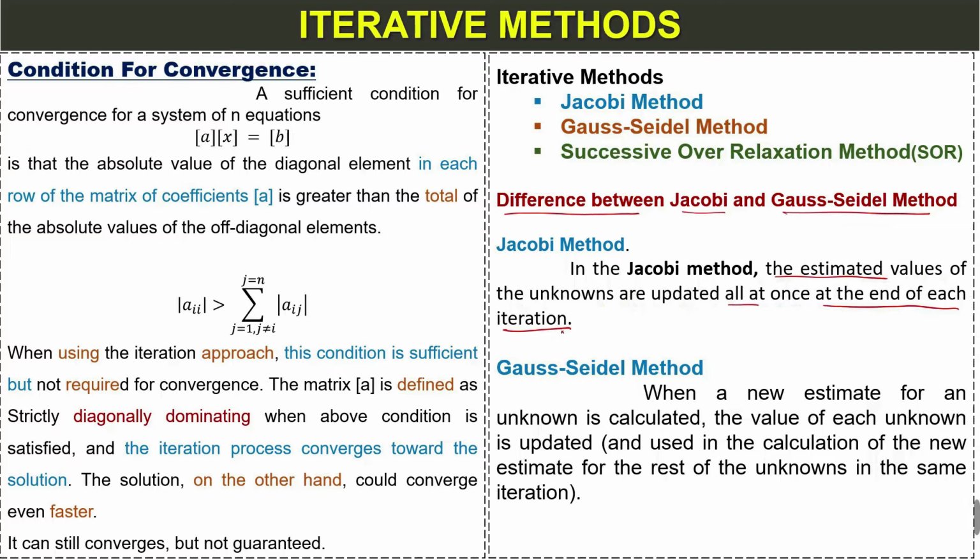But in the Gauss-Seidel method, when a new estimated solution for an unknown is calculated, the value of that unknown is updated and used in the calculation of the new estimated solutions for the rest of the unknowns in the same iteration. Okay, so this is the major difference between the Jacobi method and the Gauss-Seidel method.